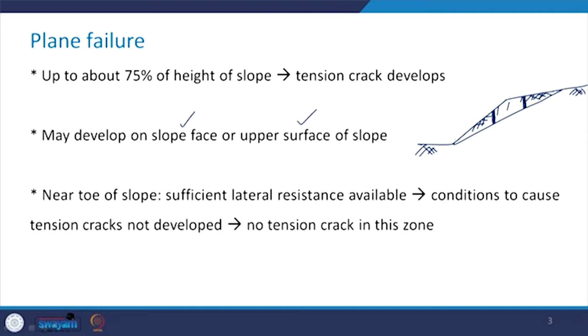What happens near the toe of the slope? That means this point, this is what is called the toe. So, what happens at this point?